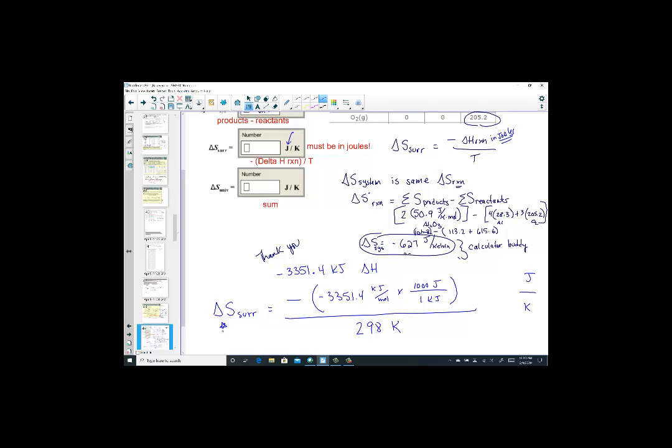The opposite of the negative sign makes that positive, 3,351,400 joules over the 298, and we get a value of 11246.3 joules per Kelvin.